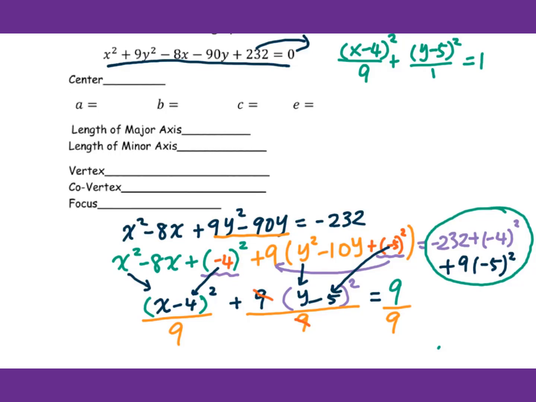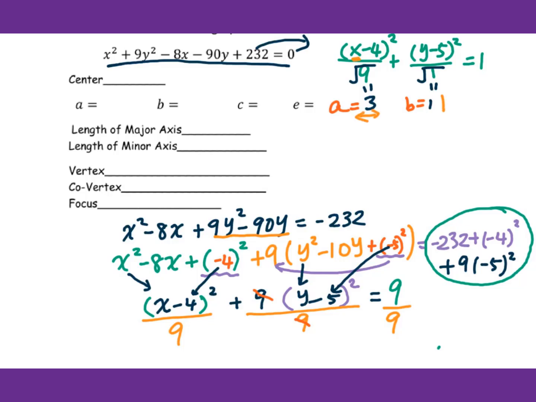For an ellipse, the bigger one is A, therefore 3 is A. And B equals 1. The arrow, since 3 is below this x, therefore it's horizontal.